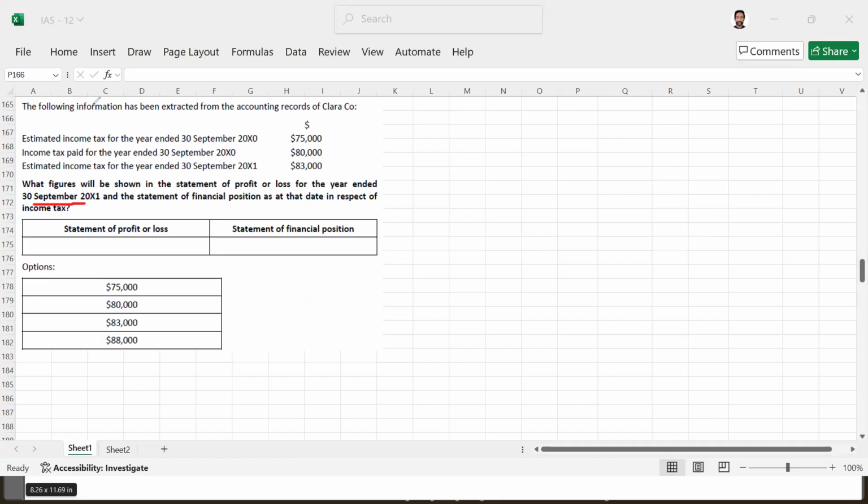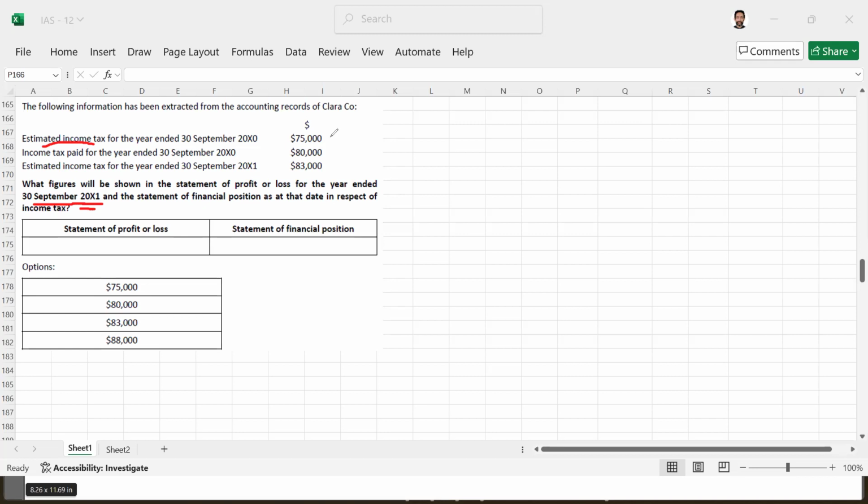So let's see, the following information has been extracted from the accounting records of Clearco. The estimated income tax for the year ended 30th of September 20x0. Now remember, we are looking at the year 20x1, so this is the current year. If we are provided with the estimated figure, this is for the previous year.